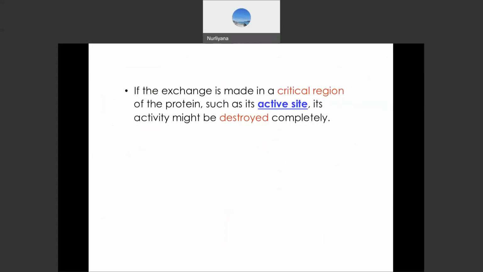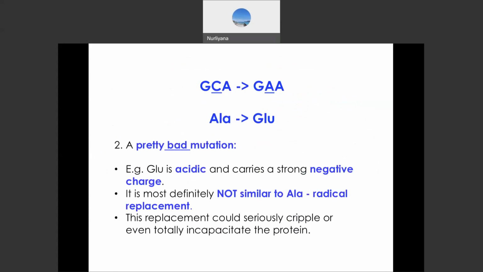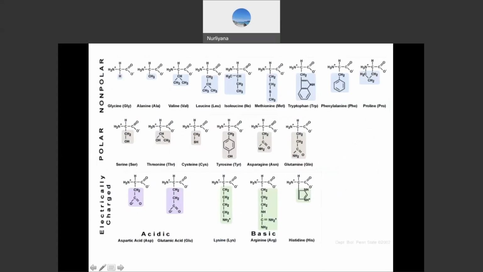If you look here, GCA is alanine, and the change of C to A will cause it to become, what was it? It becomes GLU, glutamic acid. So previously it was alanine. Alanine is non-polar, and right now it's becoming glutamic acid.